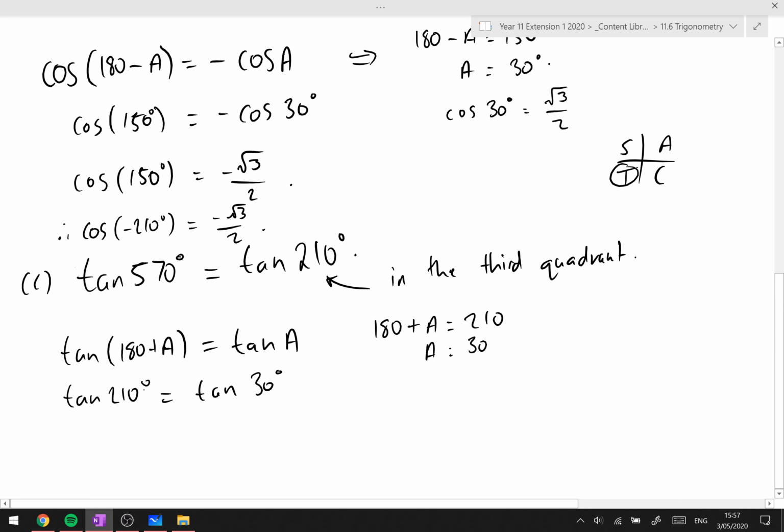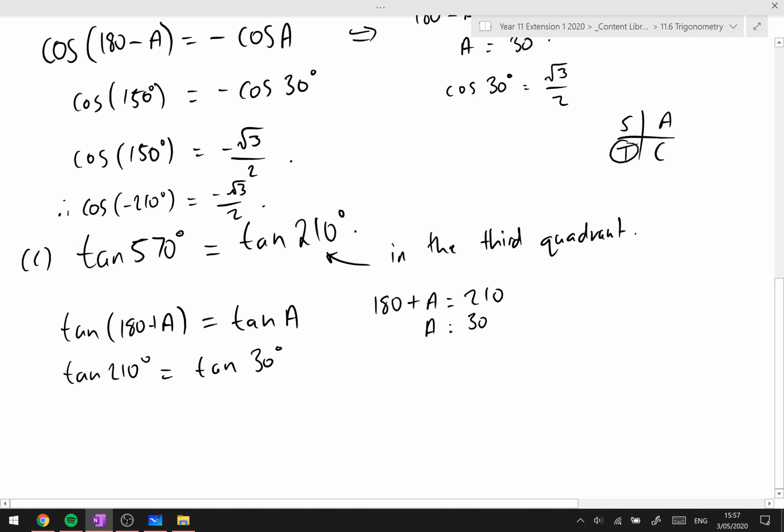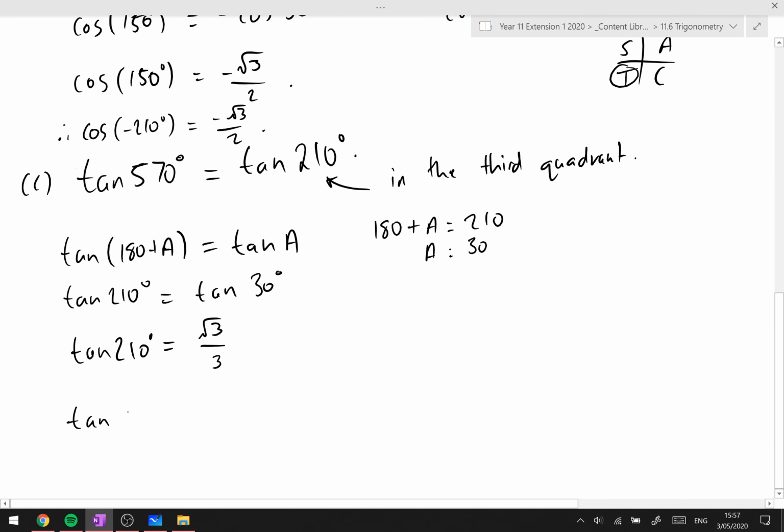Using our exact values for tan of 30 degrees, tan of 210 is just equal to the positive root 3 on 3. So if tan of 210 is that, then tan of 570 degrees is also equal to root 3 on 3, just like that.